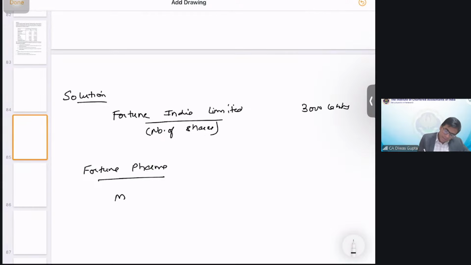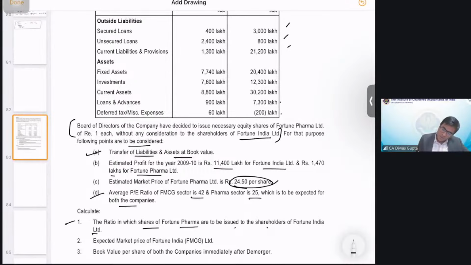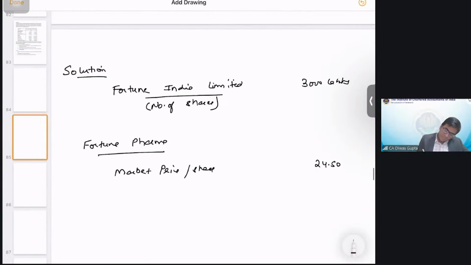So what is their market price per share? 24.50, right? This is what is quoted, their market price. Their PE ratio is 25. That means their earnings per share is how much?